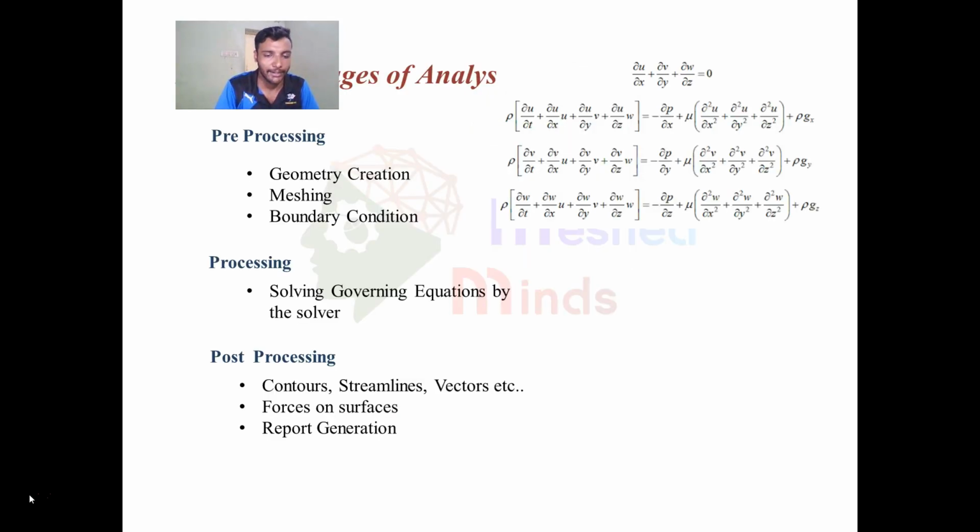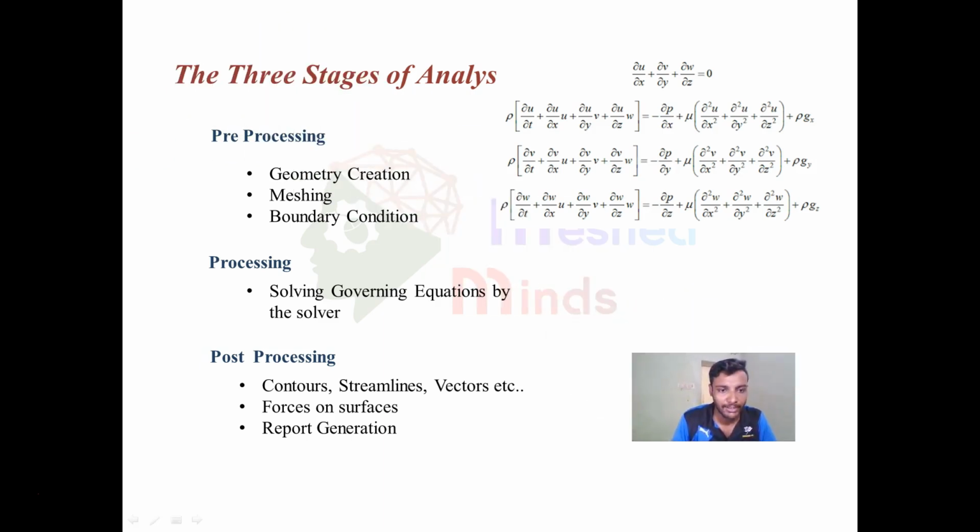So what are they? We can divide the three stages as pre-processing, processing and post-processing. So in the pre-processing stage, we will be creating the geometry either on Ansys or we'll be importing it from any other CAD software, and then we'll be creating a mesh around the geometry.